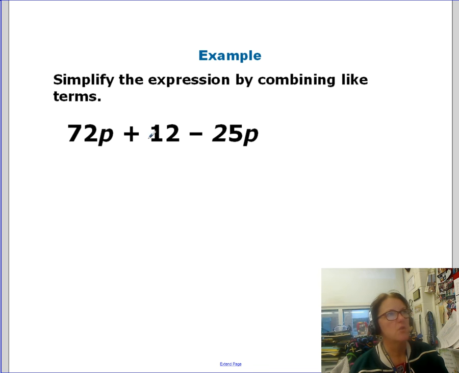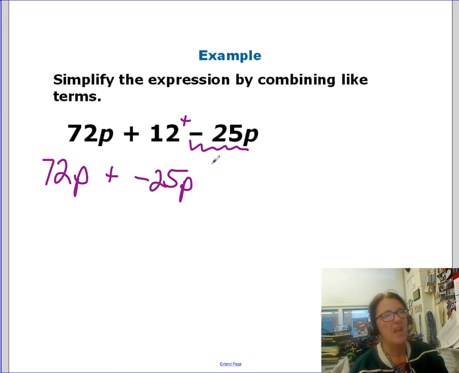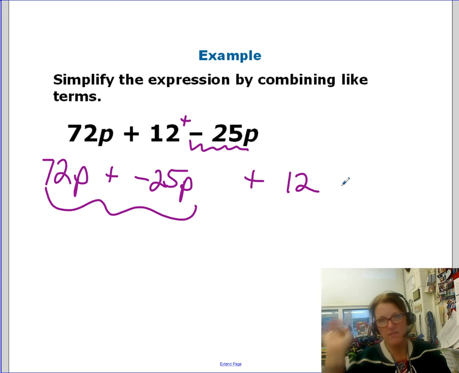72p, 12, negative 25p. Aha! Okay, I want you to think of this negative sign as being stuck with 25p, because then I'm thinking really it's like plus negative 25p, and addition has this commutative property, so you can think of this as putting the negative 25p next so that I can combine these like terms, throw plus 12 out there to the end, and now simplify.